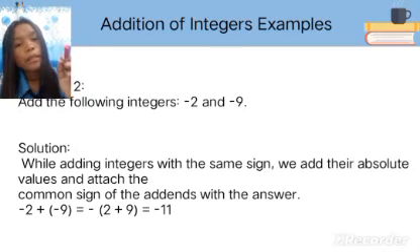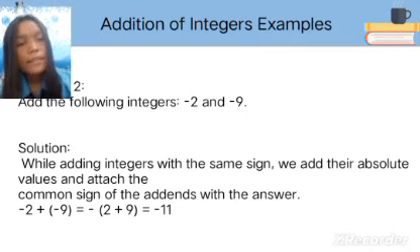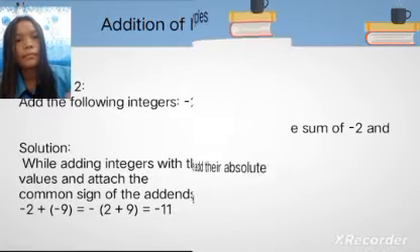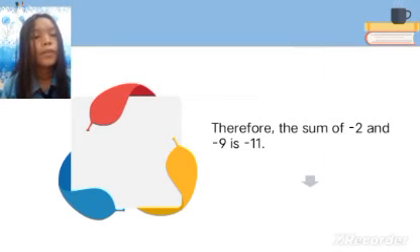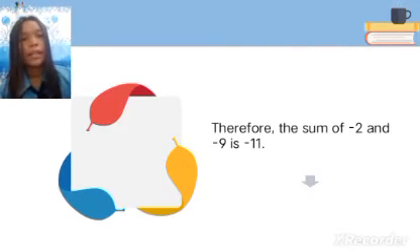Then we put the numbers in parentheses, 2 plus 9, and the sum of 2 plus 9 is 11. Therefore, the sum of negative 2 and negative 9 is negative 11.